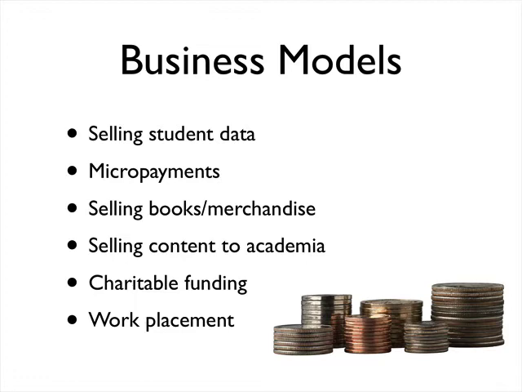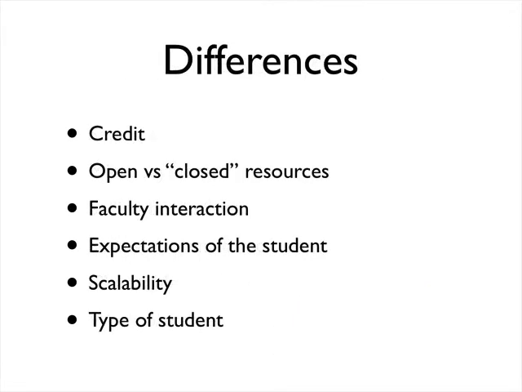And then there's work placement. It could be that companies like Coursera or Udacity are able to place the students who do very well in their courses and receive income from doing so. In terms of the differences between MOOCs and what I call the traditional online learning models, the obvious differences are credit.